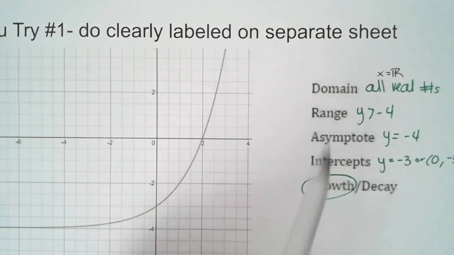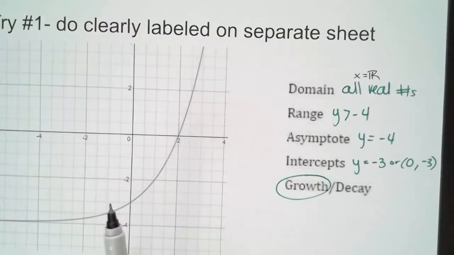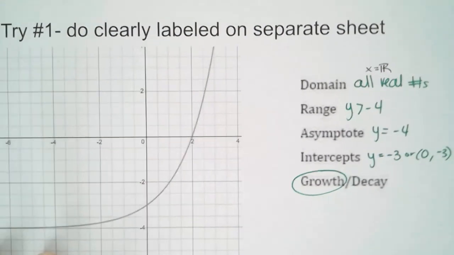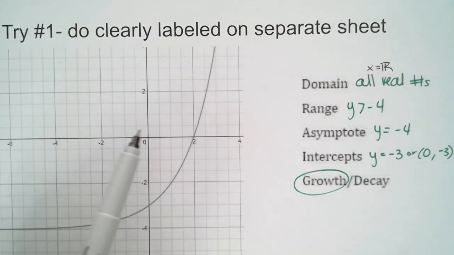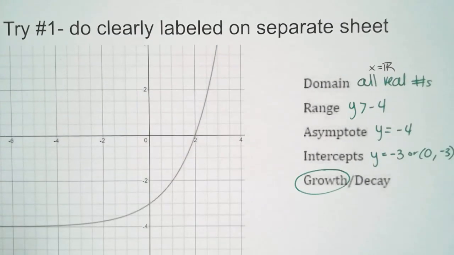The range is everything above that, so we have solutions going up. Our intercepts, we cross the y-axis at 0, -3, and this is growth. As we plug in more positive x values, our graph continues to get larger and larger.